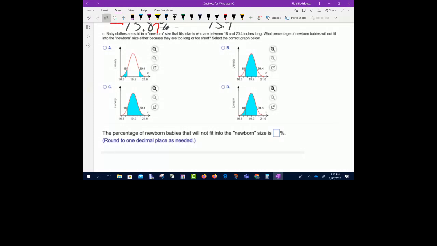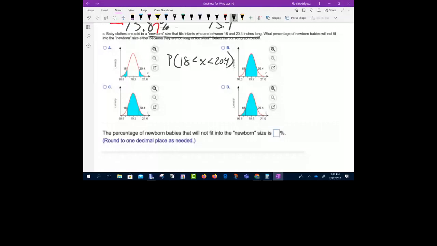What percentage of newborns will not fit into these sizes? Okay, so y'all, first thing they're telling me is that if we were to go buy newborn clothes, those newborn clothes fit babies who are between 18 and 20.4 inches long, right? That's what the newborn clothes fit.